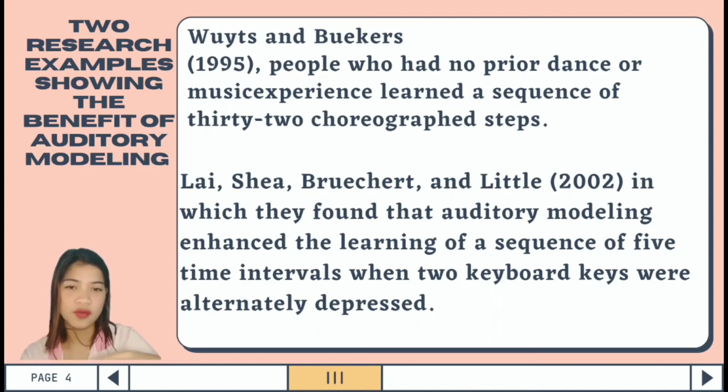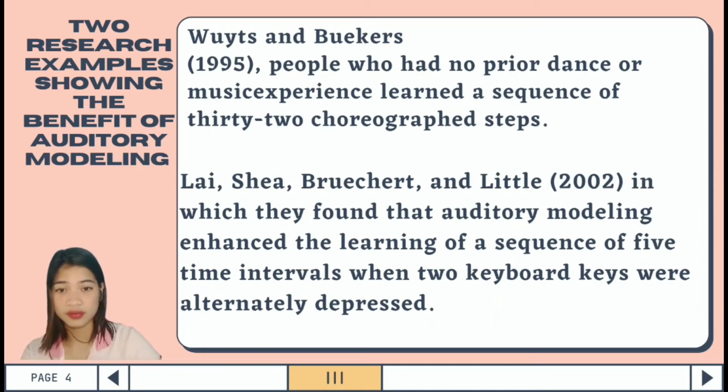For acquiring the rhythmic timing of the sequence, participants who heard only the timing structure learned it as well as those who both saw and heard the model performance of the sequence.